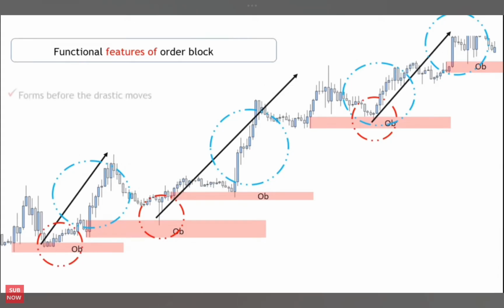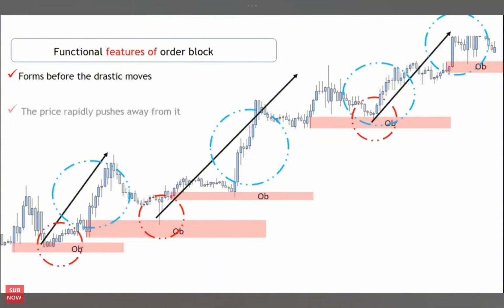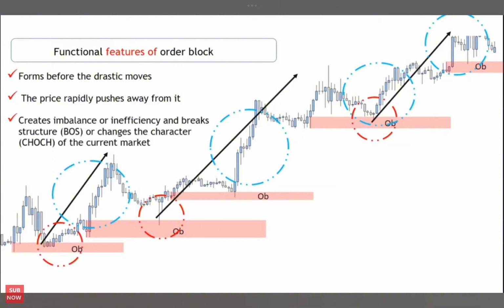Order blocks form before the drastic moves in the market, exactly where the price rapidly pushes away from a specific area because of the lots of orders placed there. An order block creates imbalance or inefficiency that breaks the structure of the market or changes the character of the current market.